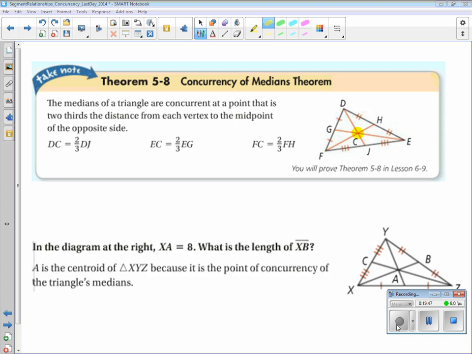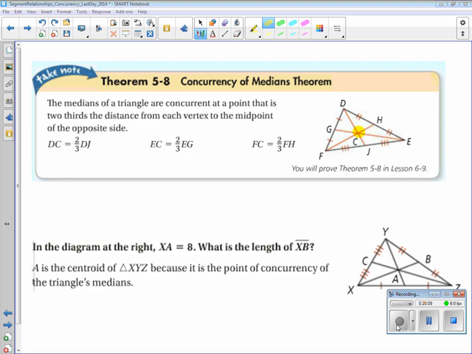What in the picture tells us that we have medians? What marks? The congruent marks, right. So these two congruent marks. These two congruent marks. All of those tell me that we're talking about medians. Okay? So point C is in fact a centroid. It's a point of concurrency for medians.